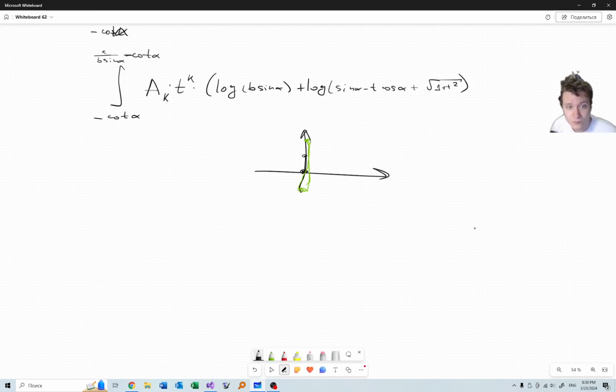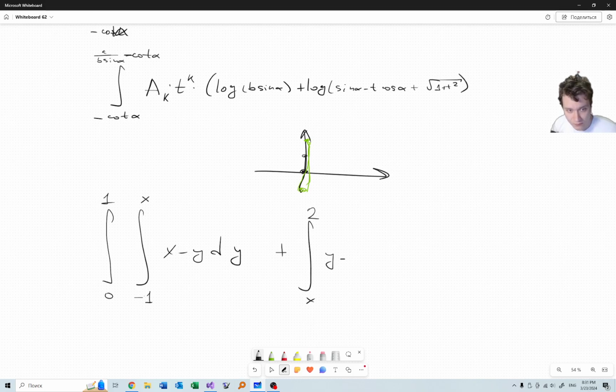Okay, so what is usually the answer? The answer is usually, first of all, let's take the inner integral from 0 to 1. Then let's take the outer integral. Then we'll take the inner integral as the sum of two integrals from minus 1 to x, and here I have x minus y. The plus integral from x to 2, and here I have y minus x.